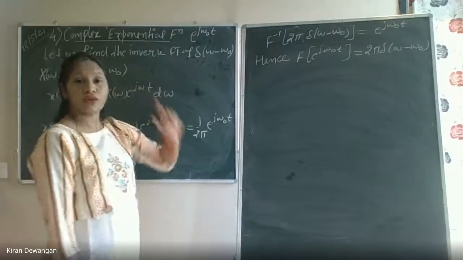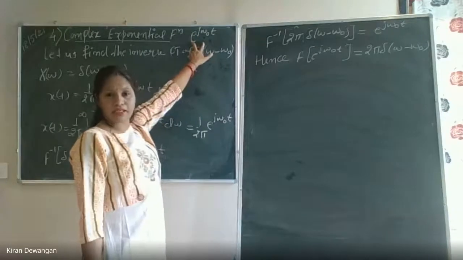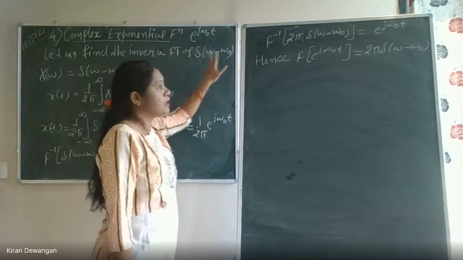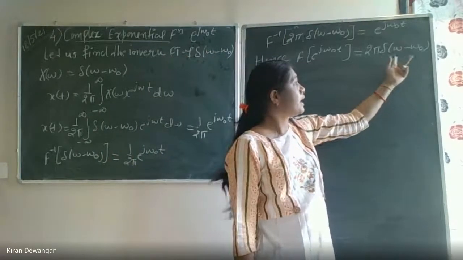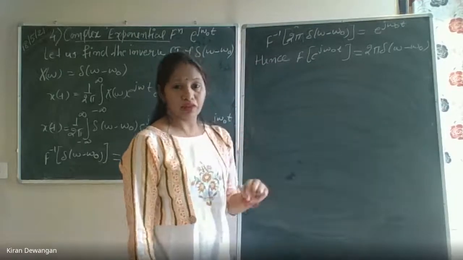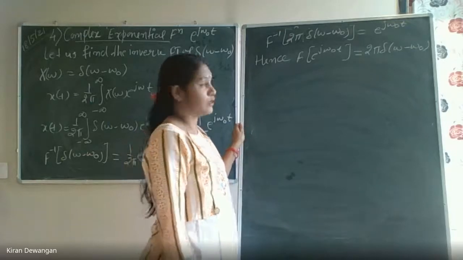Now that's homework for you: just try taking this as x of t and try to obtain the Fourier transform. Whether you will be getting the Fourier transform as 2 pi del omega minus omega naught or not, that will be difficult for you. Just try it out at home and if you find any difficulty I'll get back to you.